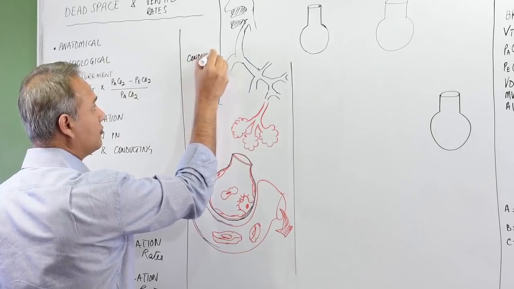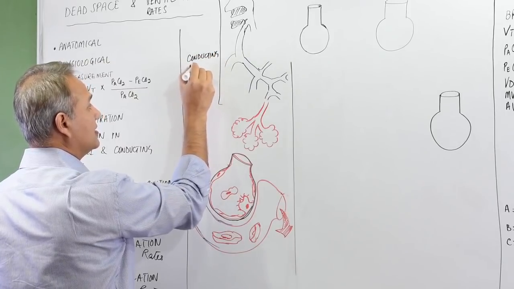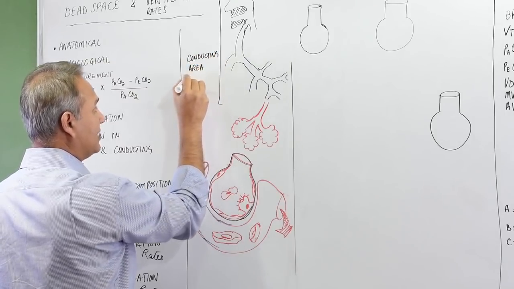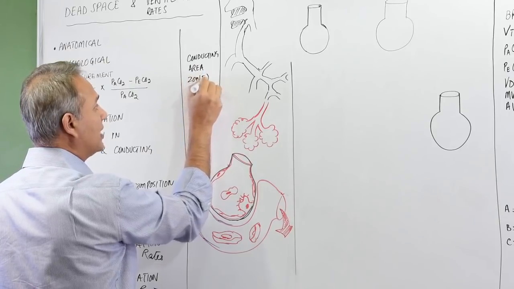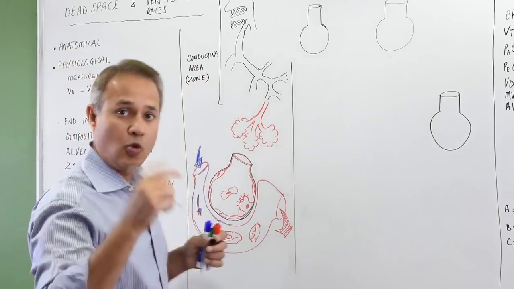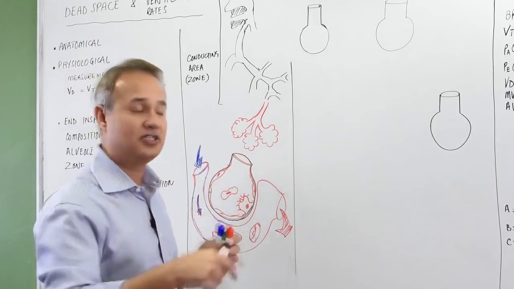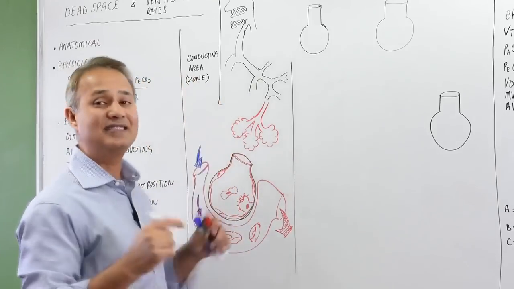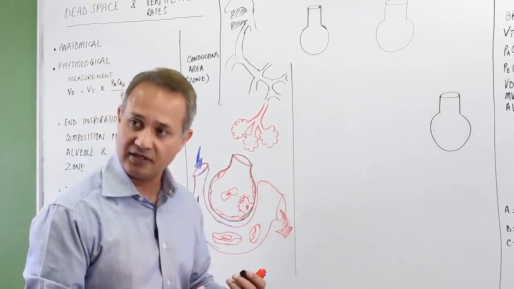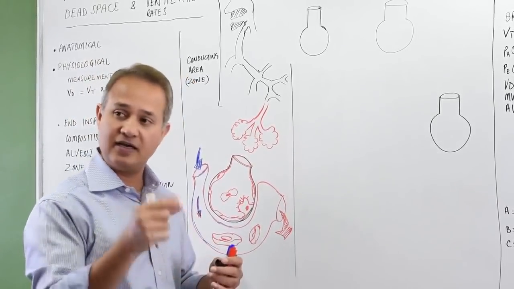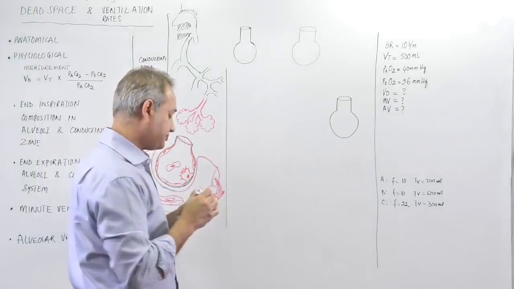And why is that important for us to know? Conducting zone or conducting area? Because there is no gaseous exchange that occurs here. When we'll be doing calculations, it is important to understand where the gaseous exchange is not happening and then use that in our calculation.